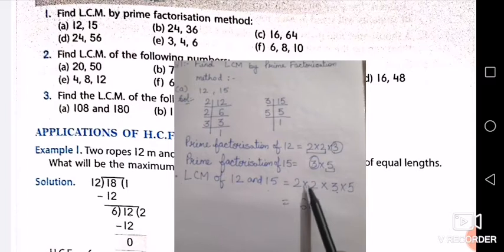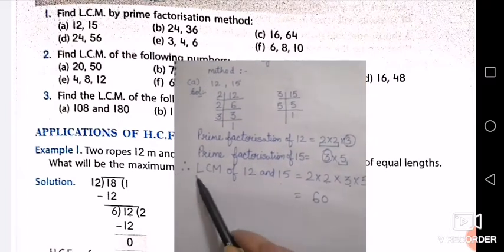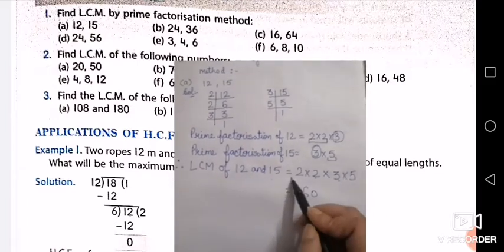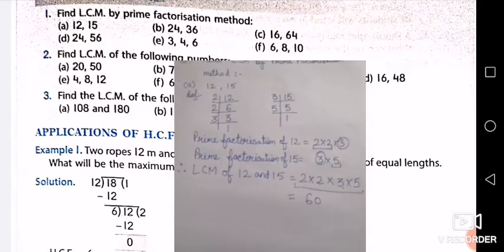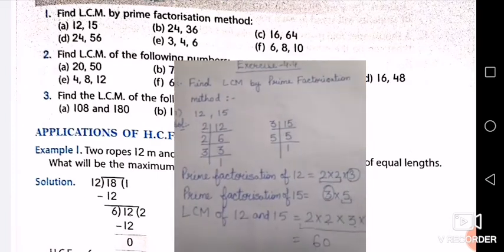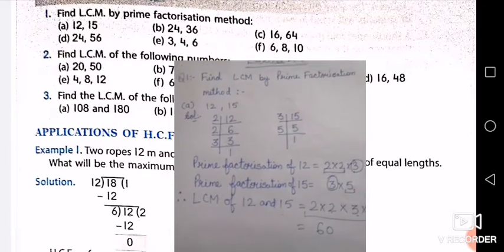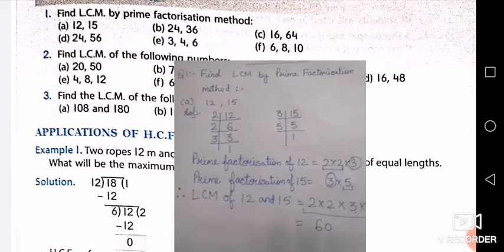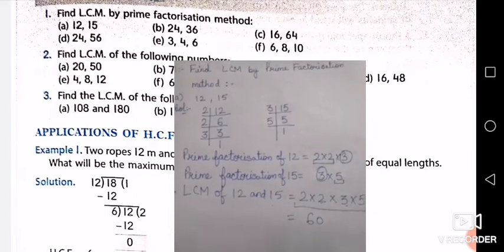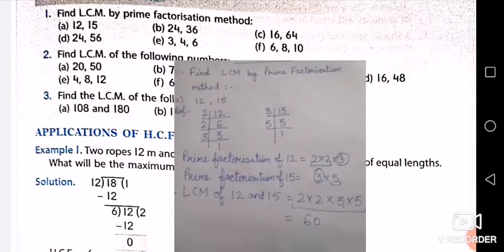The rest of the factors you will also write. Do the multiplication and then you will write LCM of 12 and 15 as the product of all these factors. This method is called the prime factorization method because in this method we were finding prime factors of a given number. Now I hope the concept of the prime factorization method is clear.